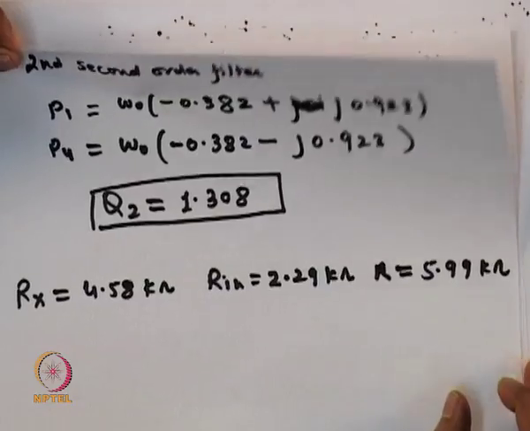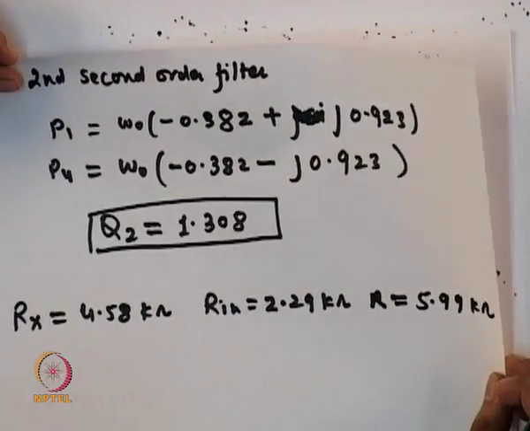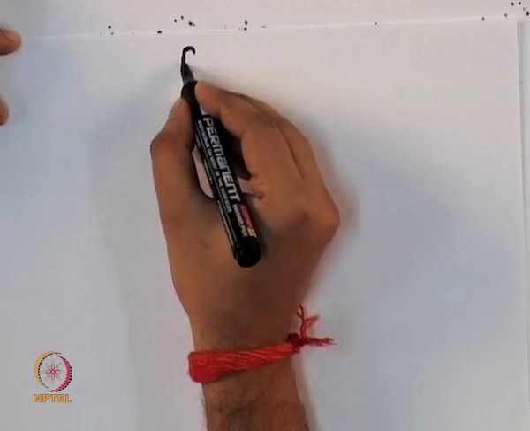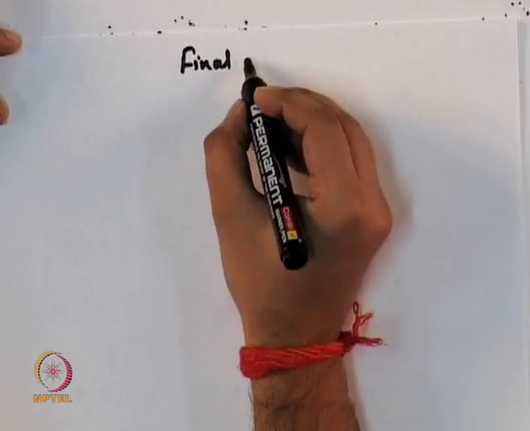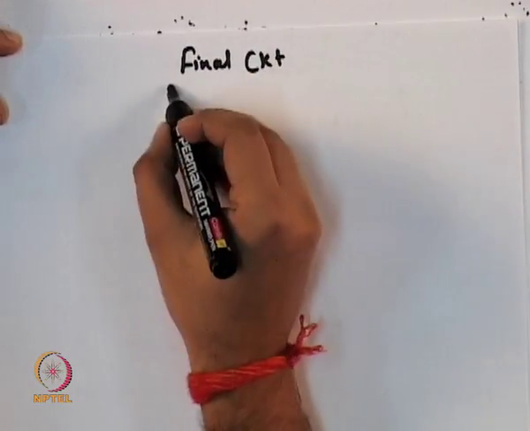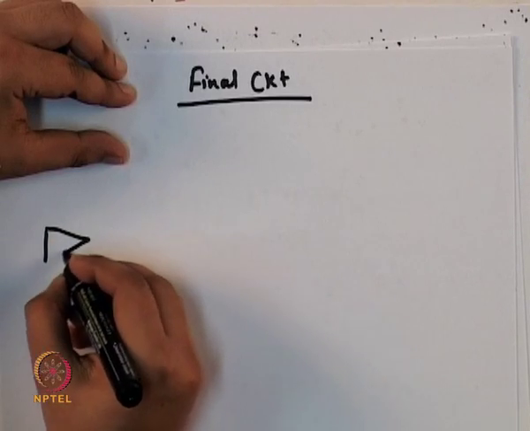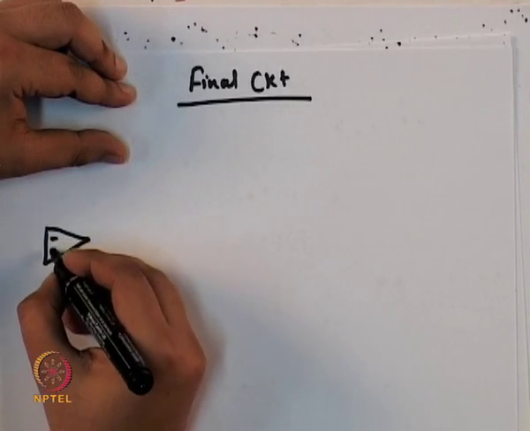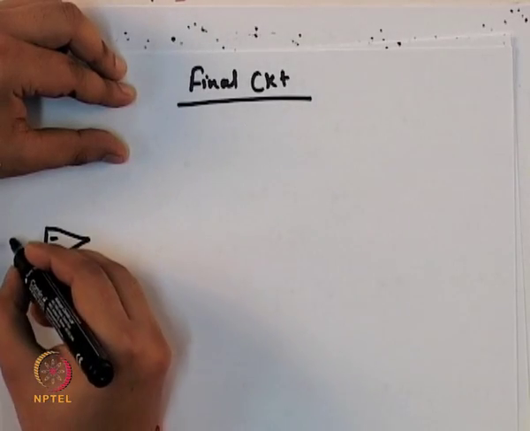Now finally we need to see the arrangement of the filter, the final circuit. I will draw this small so that it is covered in this page.